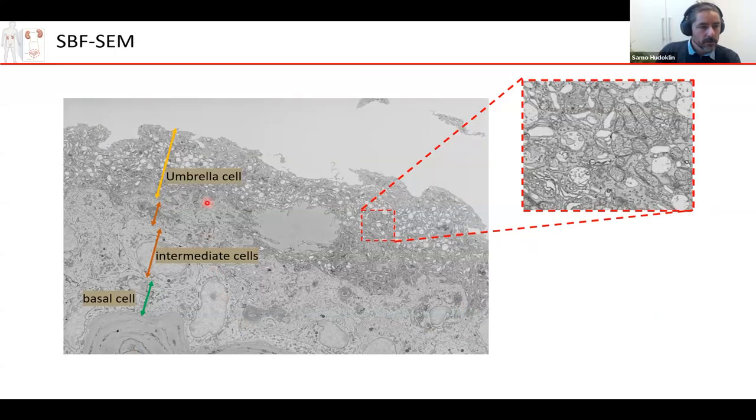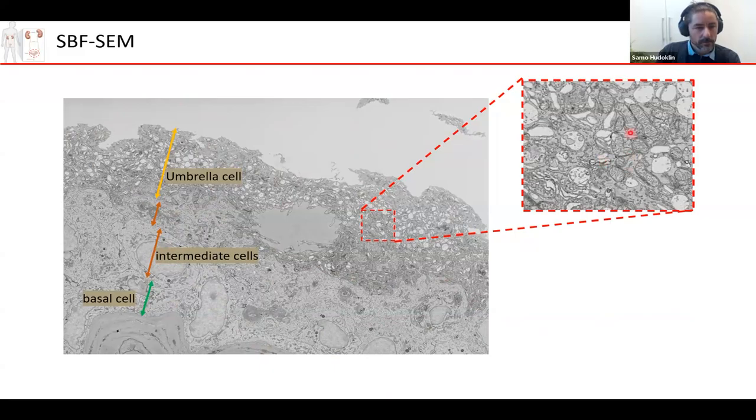In this case, you can see the lumen of the urinary bladder, and you have this superficial cell called the umbrella cell, being very large, but you also see the intermediate cells, right? And the basal cell layer. So you have the complete urothelium that you can observe.